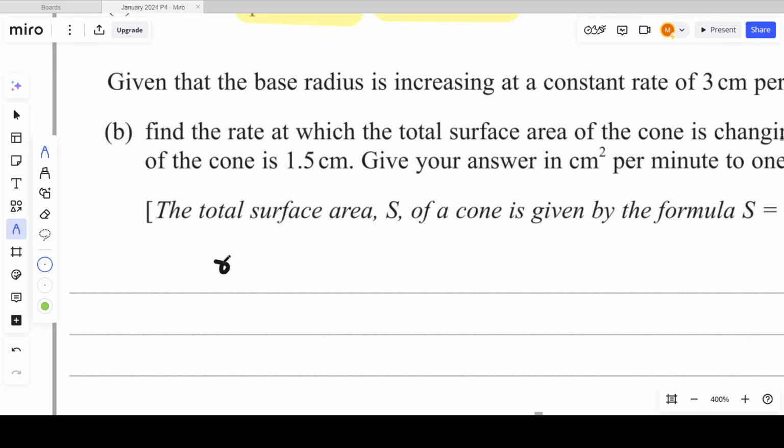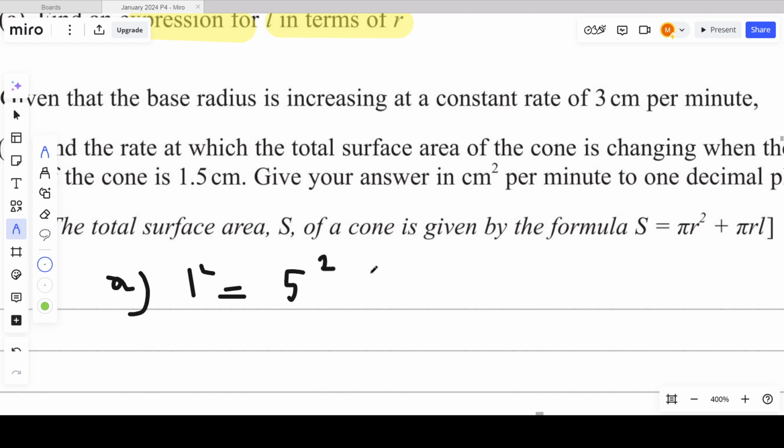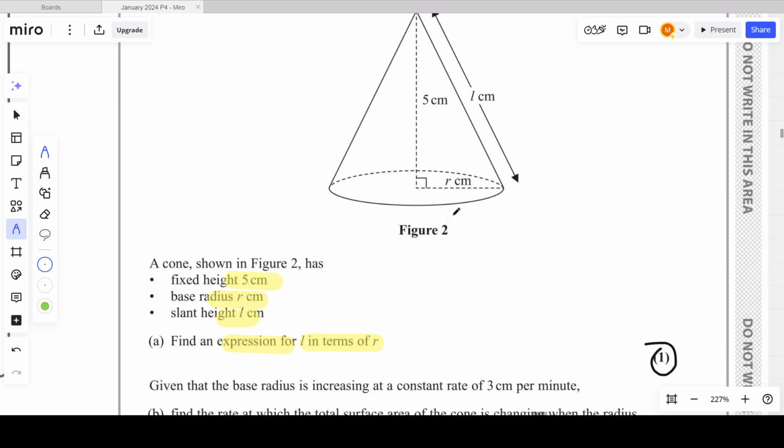For part A, using Pythagoras theorem we can write L squared equals 5 squared plus R squared. The Pythagoras theorem says that the square of the hypotenuse, that is the slant height squared, will be equal to the sum of the squares of the other two sides.